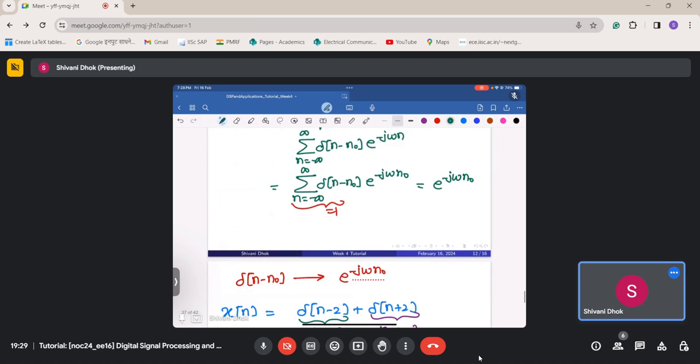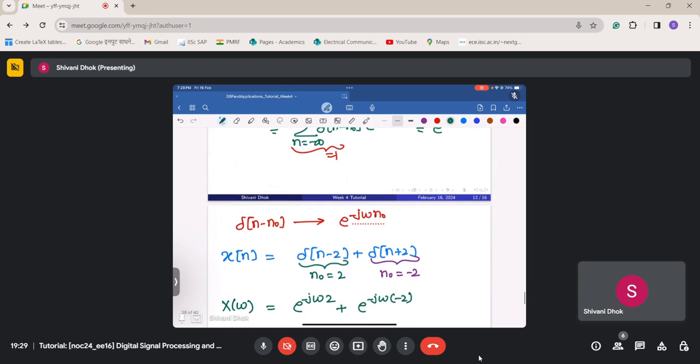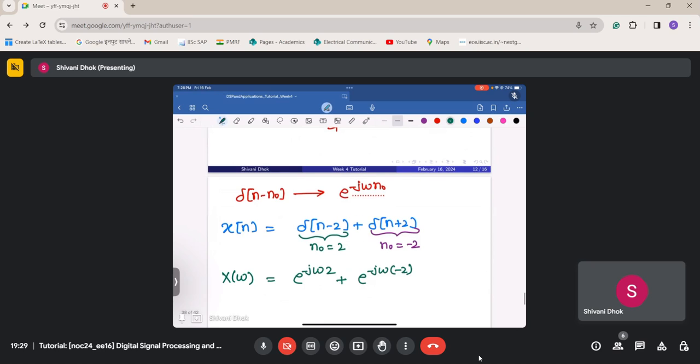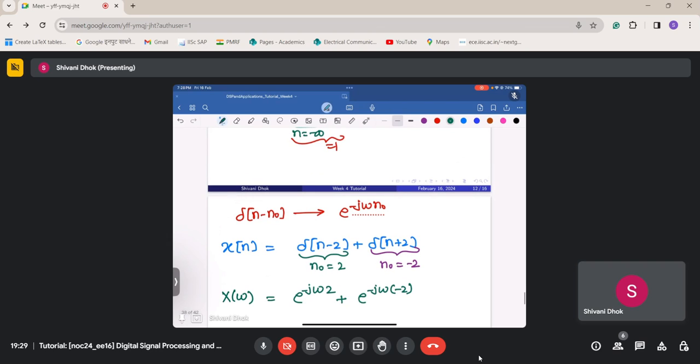Sir, generally different books use different notations, and x of omega is equal to x of e power j omega. This particular course is using this notation, so I'm following that. You are using both, madam. In the assignments also, somewhere we see x of e power j omega, in some places it is x of omega. We are getting confusion in the assignments also.